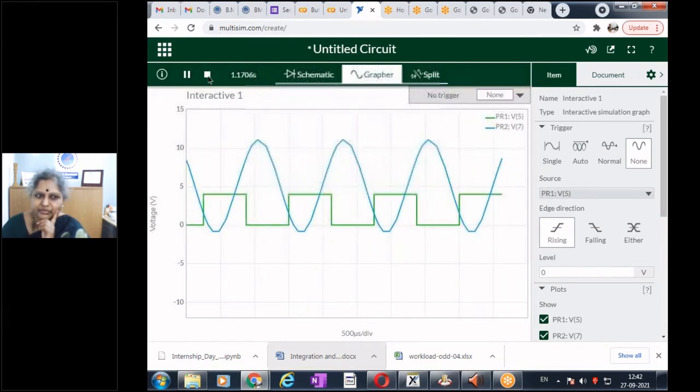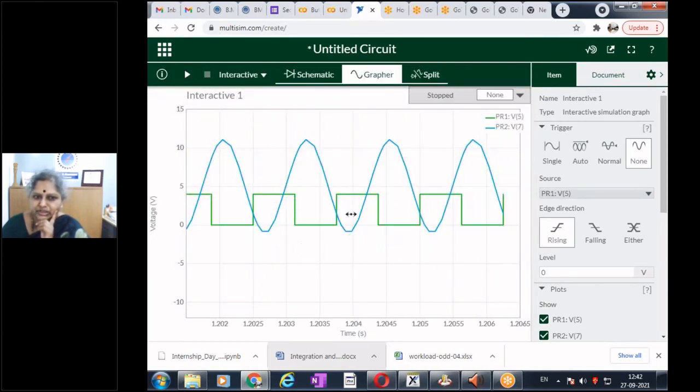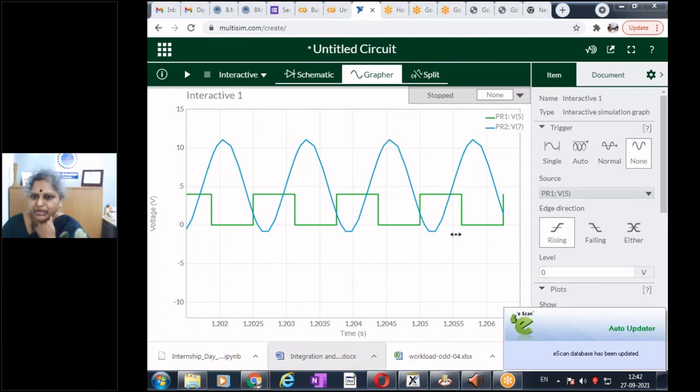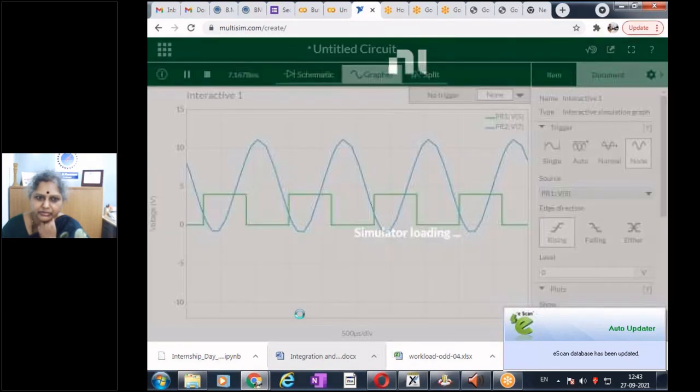How is the output? Can anyone describe? My input is green, output is blue. How is my output?